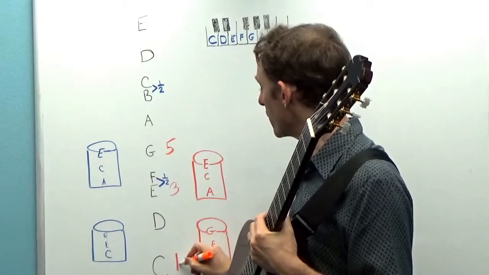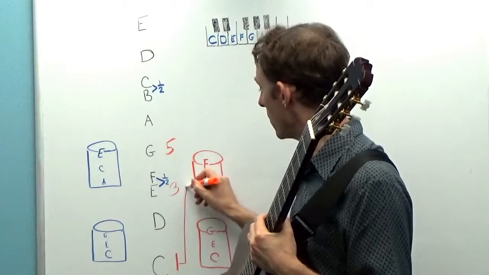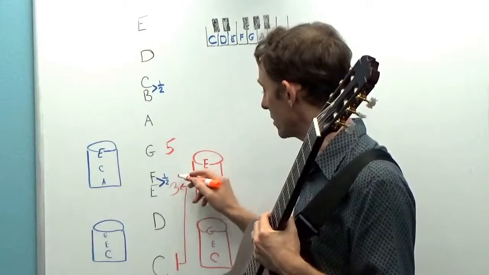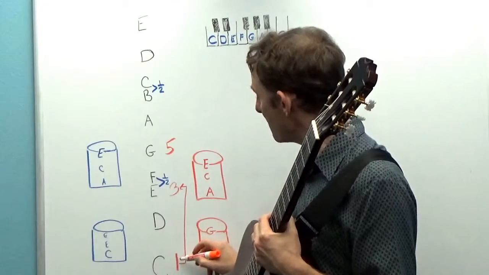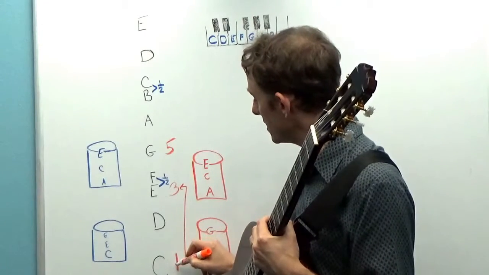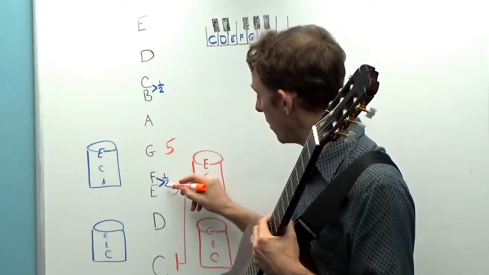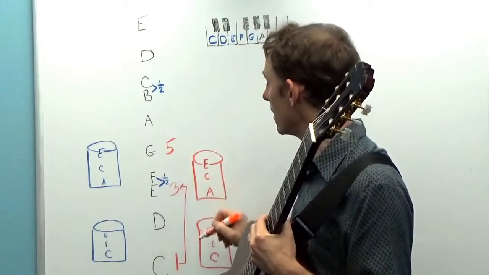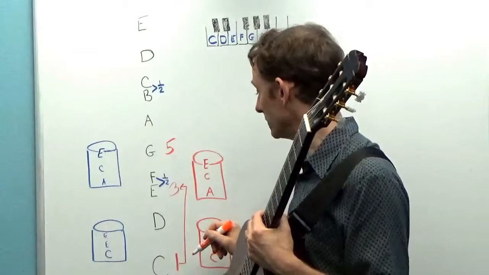Now, if the first interval in the chord, the distance from the 1 to the 3, is a major third, that is, it consists of a whole step plus a whole step, a big third, then the chord itself will be major.